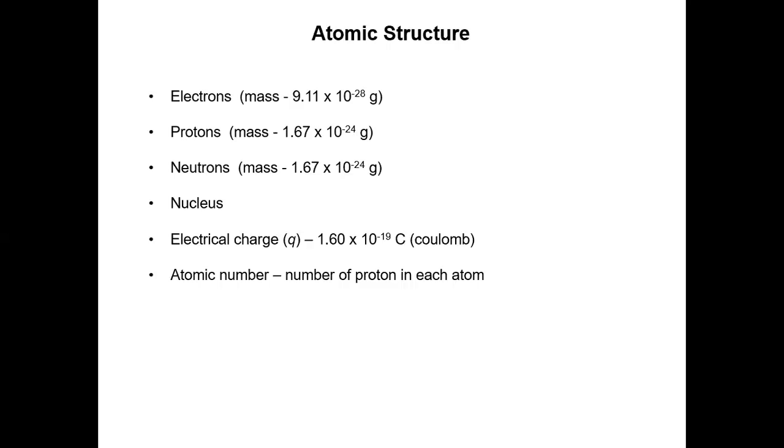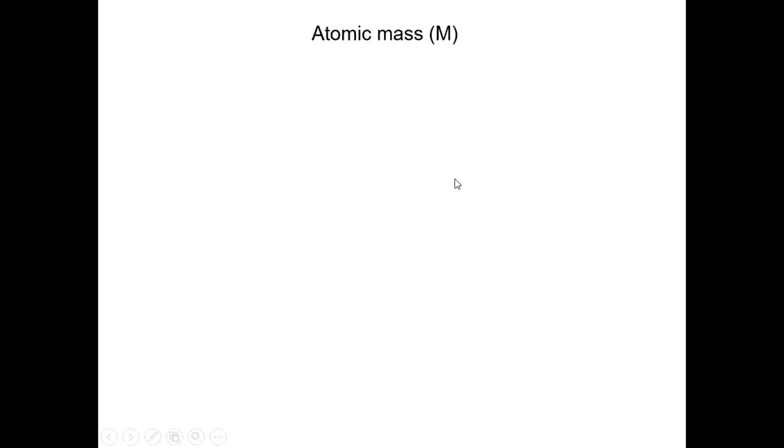Protons and neutrons are in the nucleus. Electrons are in the shells around the nucleus. The charge of an electron is this amount. So atomic number means the number of protons in an atom. Those things I hope you have already learned.